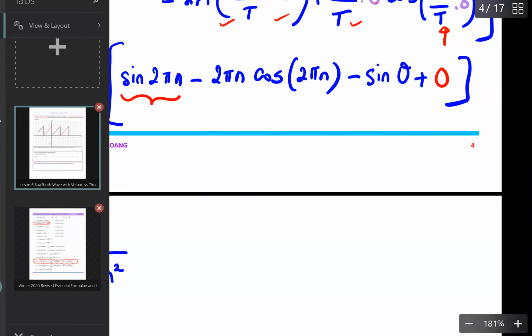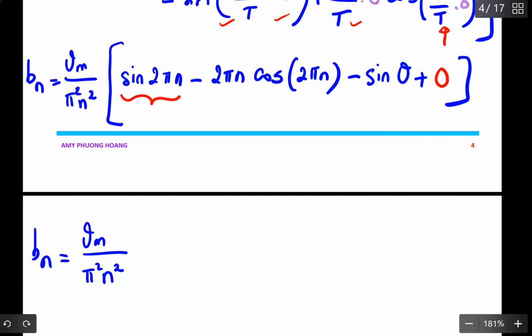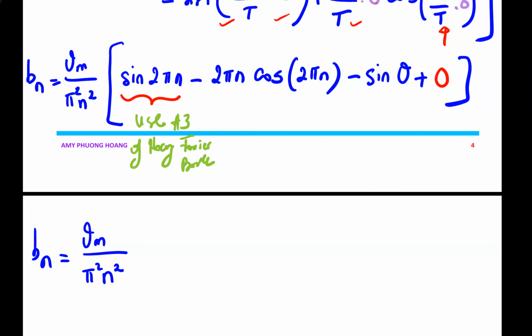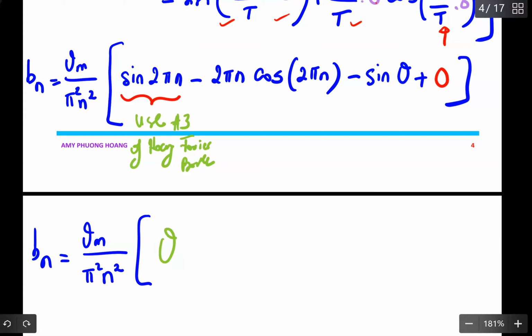So I go back. I will make a note that I use number 3, so this becomes a 0. I put right here as 0.